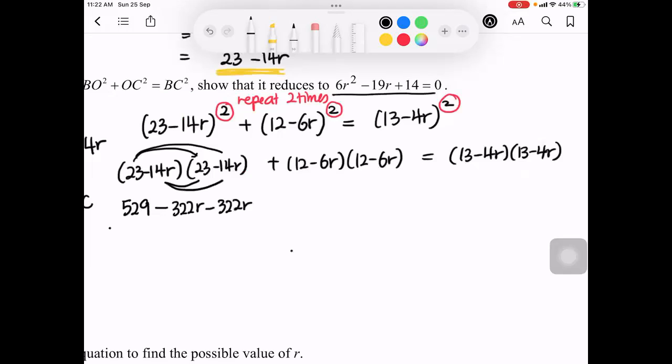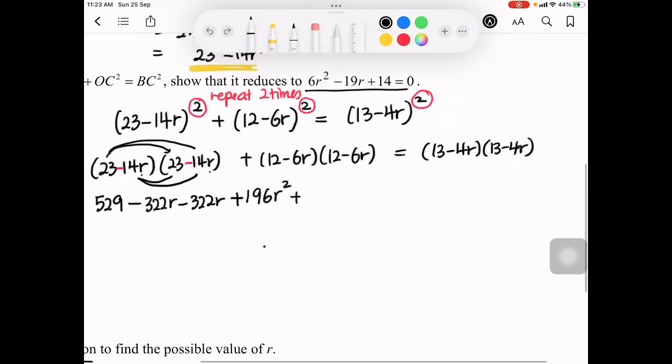Negative 14 times negative 14, plus 196 R times R, R to the power of 2. Plus, next one, 12 times 12, 144. 12 times negative 6, negative 72.